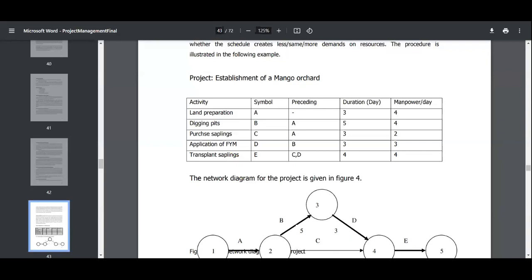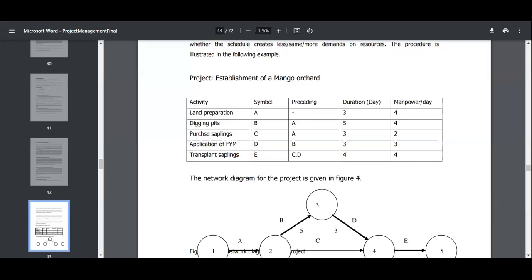The first activity we have started is land preparation. For that we require the land, and that's why we have given the code A, because it's the first activity. Without land, how do we start? Now the second is digging pits. You have to work on your own land, you cannot work on someone else's land.